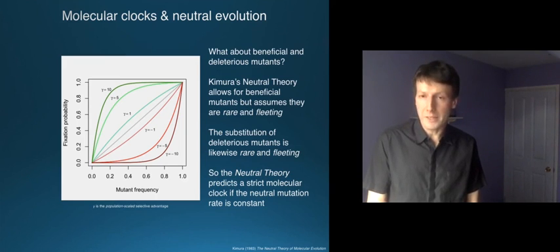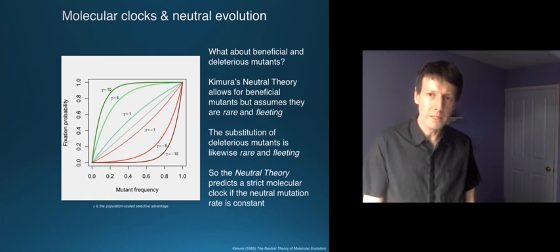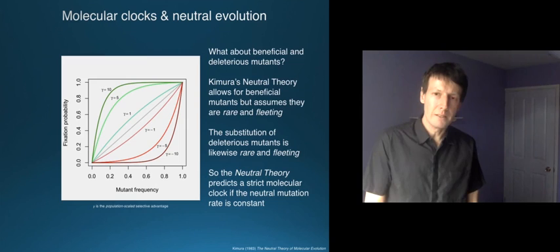And indeed, if they don't go to fixation because of loss due to drift, that process is also likely to occur more quickly than for neutral mutations. That's a non-intuitive result. So beneficial mutations are assumed to be rare and also fleeting.